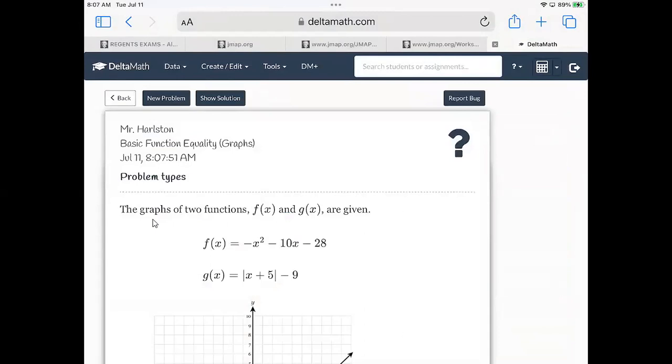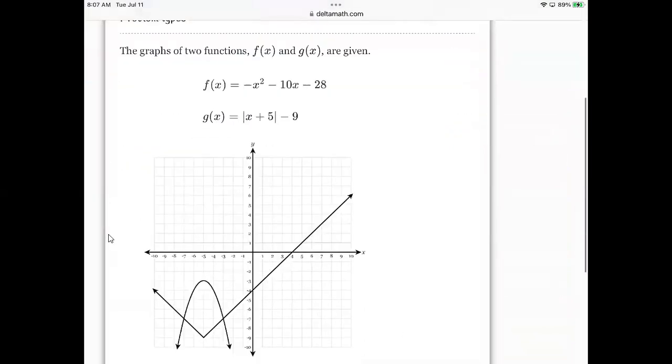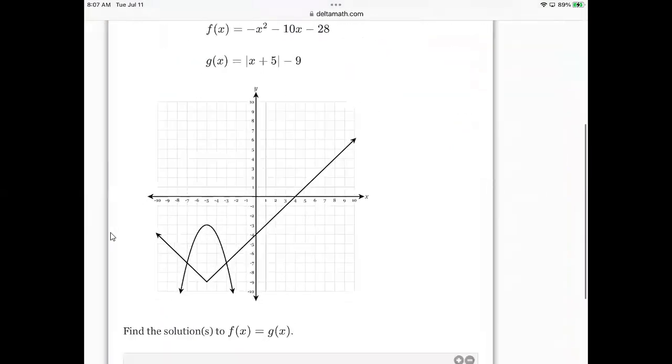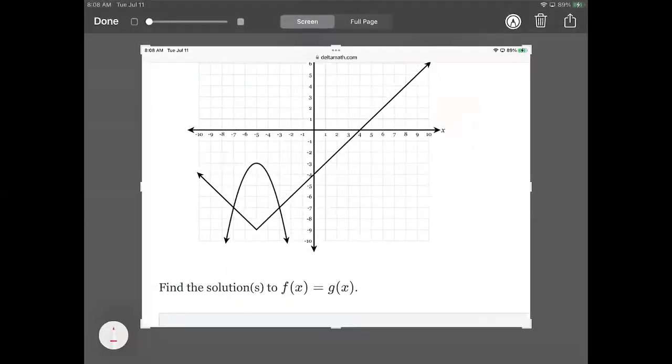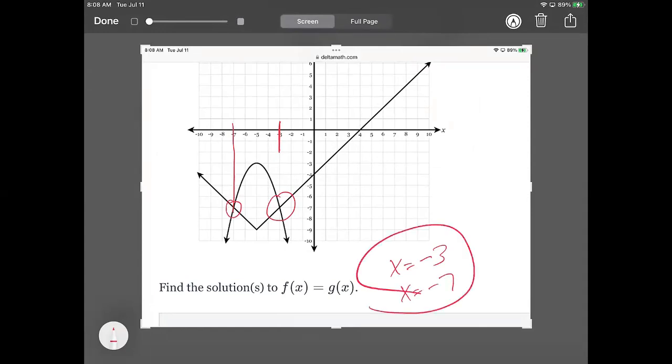So if you look, you can see the intersections here. Again, I'm going to take a picture of this and then mark it up a little bit. So one of the intersections is at x equals -3, so that is one of our answers. The other one occurs at x equals -7, so those are our two intersections, so that's what we're gonna enter for these.